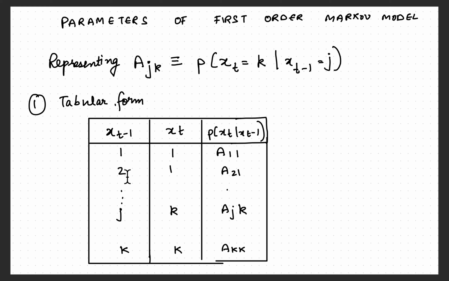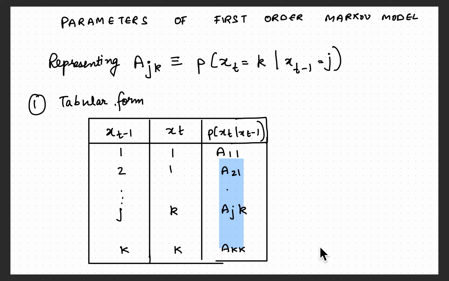The second row is a transition from xt minus 1 equal to 2, the second state, to xt equal to 1. Thus, this entry is a sub 2,1. And similarly, the final entry would be a capital K, capital K. Right?